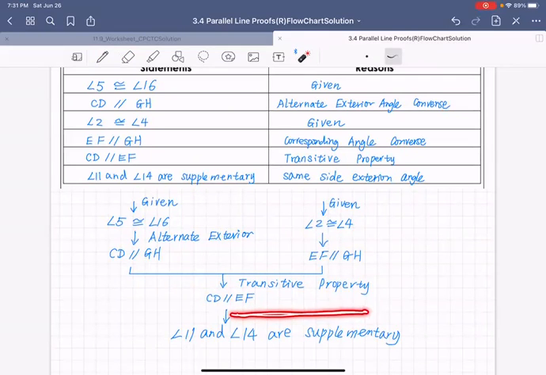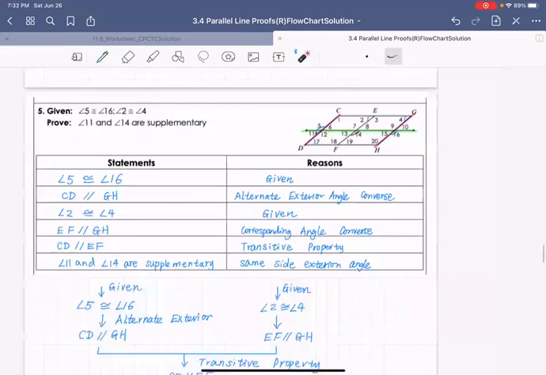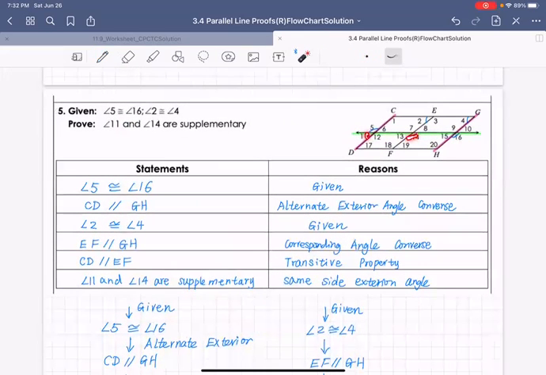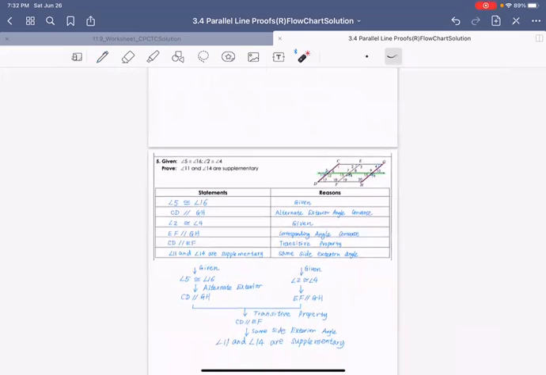They're same side exterior angles. Very good. Angle 11 and angle 14 are the same side exterior angles for these two lines. That's it.